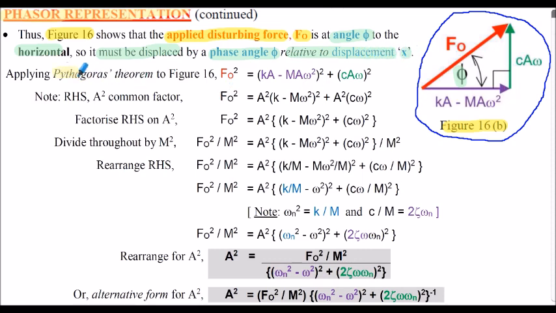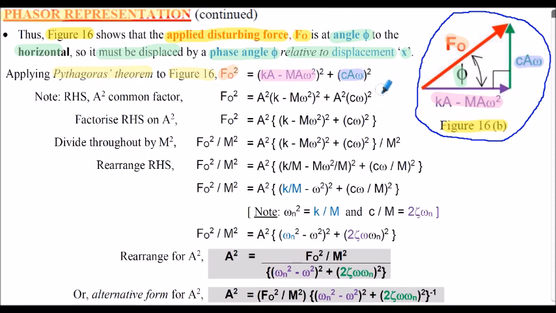Applying Pythagoras' theorem to figure 16b shown here, we have the square of the hypotenuse here is equal to the sum of the squares of the other two sides. So here's the base of our triangle squared, and here's the height of our triangle squared.